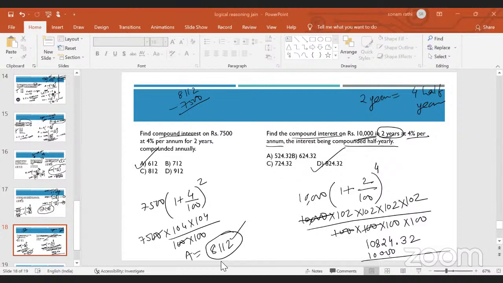So this is how you will solve questions on simple interest and compound interest. Okay, wait a minute. I'll give you a link to find more questions so that you can practice. Okay, everyone, please check your chat box.